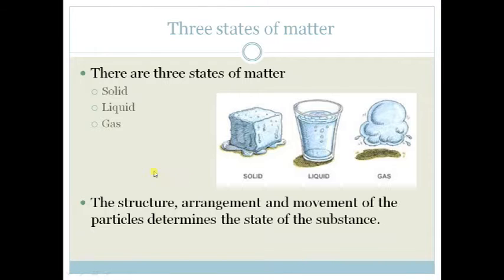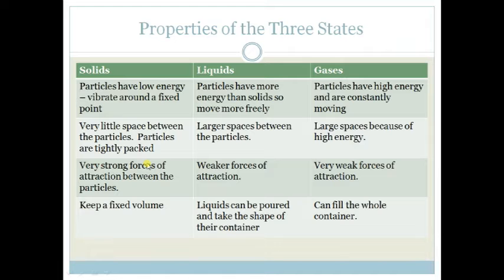Right, so now let us summarize this in a table. We can see that we've got solids which have got a very low energy, and that means that the particles vibrate around a fixed point. Liquid particles have got more energy than solids, and therefore they move more freely, whereas gas particles have got high energy and they're constantly moving.